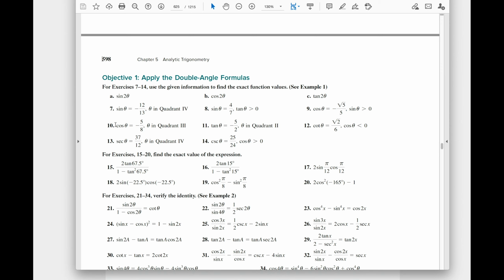So what's the question? Use the given information to find the exact function values. Here I have 3 parts: sine of 2 theta, cosine of 2 theta, and tangent of 2 theta. They told us that cosine of theta is -5/8, and theta is in quadrant 3. So from this information, I have to find sine 2 theta, cosine 2 theta, and tangent 2 theta.